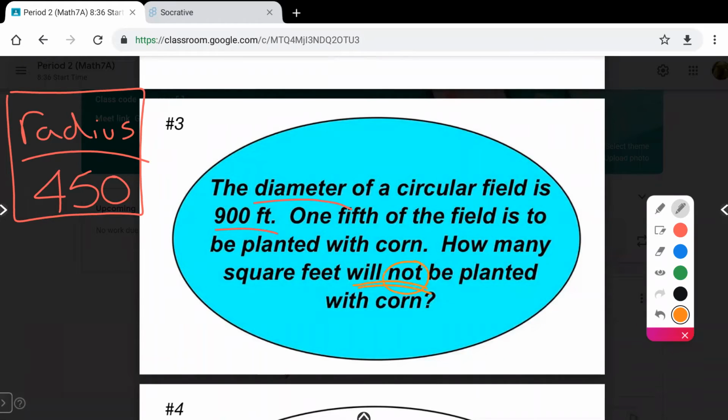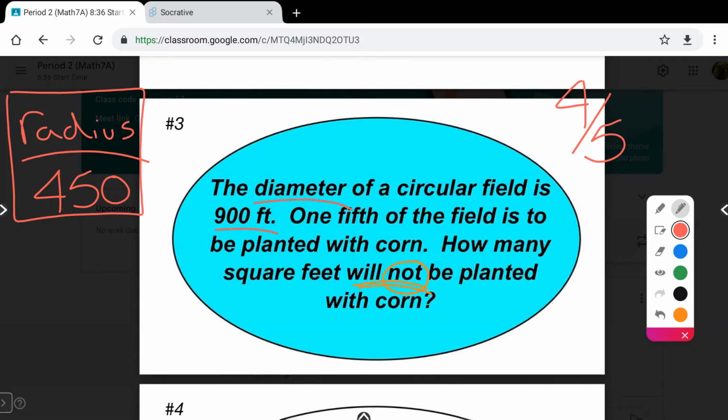For some reason, this word's the bane of my existence teaching math, because when students read, a lot of times they forget the word not, or they read through it and they don't see it. So this is saying which will not be planted with corn, okay? So the fractional proportion that we're looking for not to be planted with corn is 4/5, because 1/5 of the field is to be planted with corn.